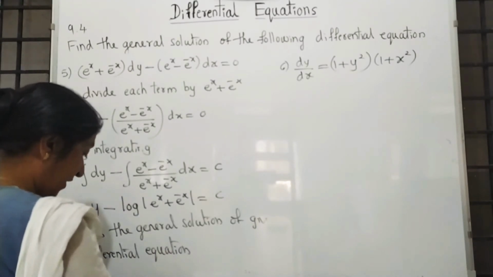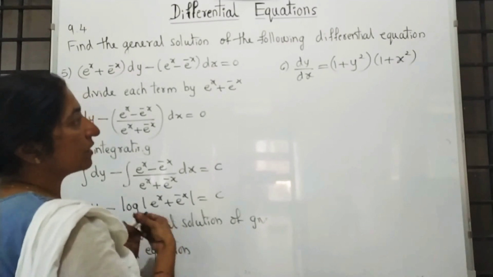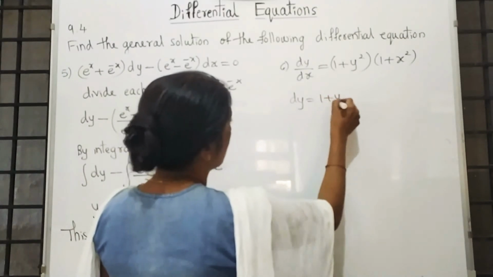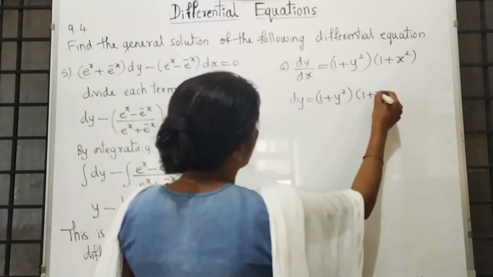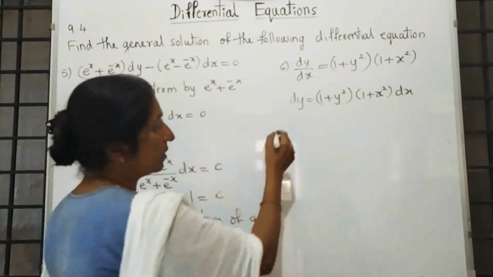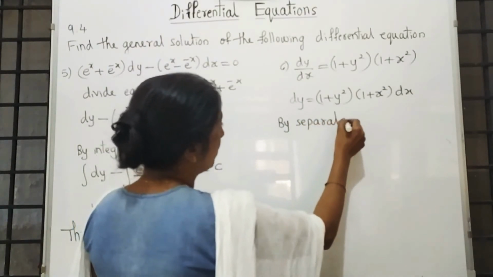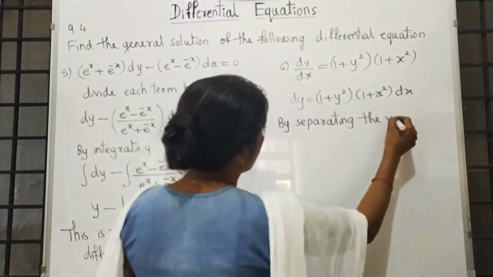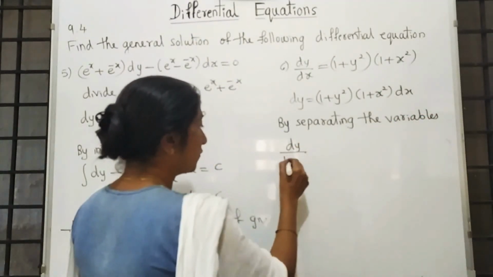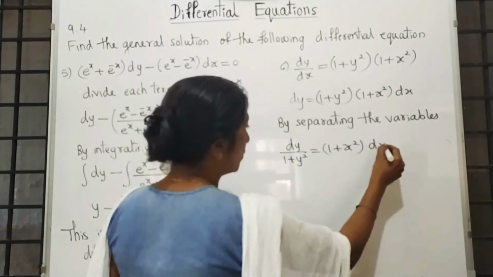You will get dy is equal to (1 plus y square) into (1 plus x square) into dx. That means 1 plus y square is extra. So instead of dividing, you can write it by separating the variables. Dy upon 1 plus y square is equal to (1 plus x square) into dx.